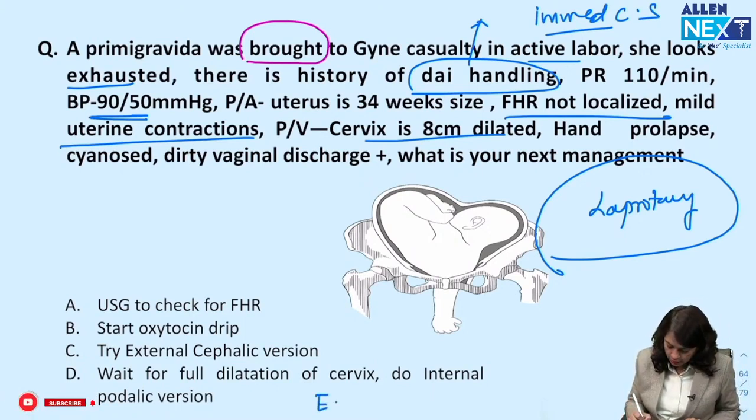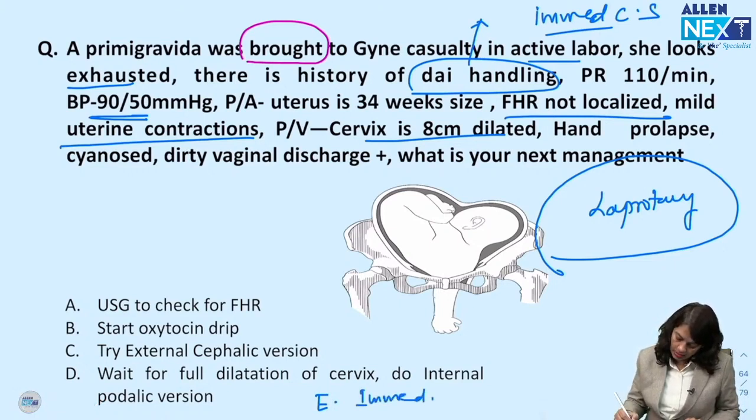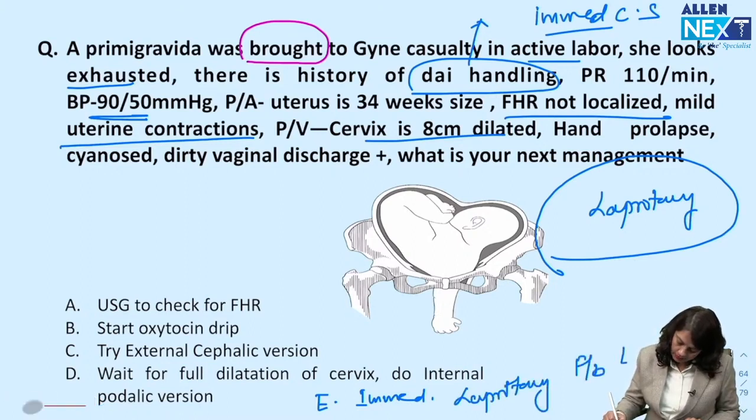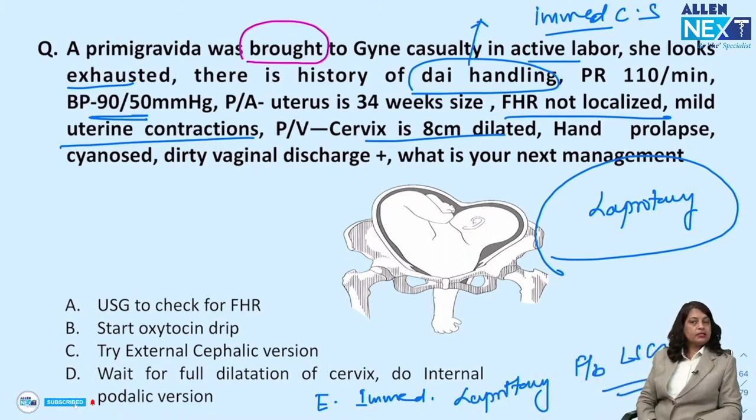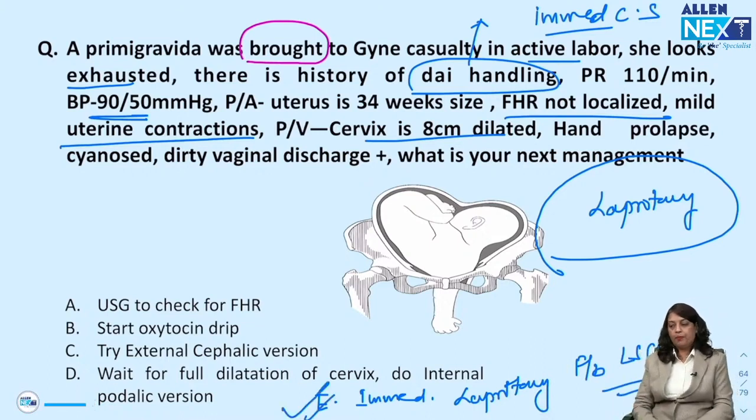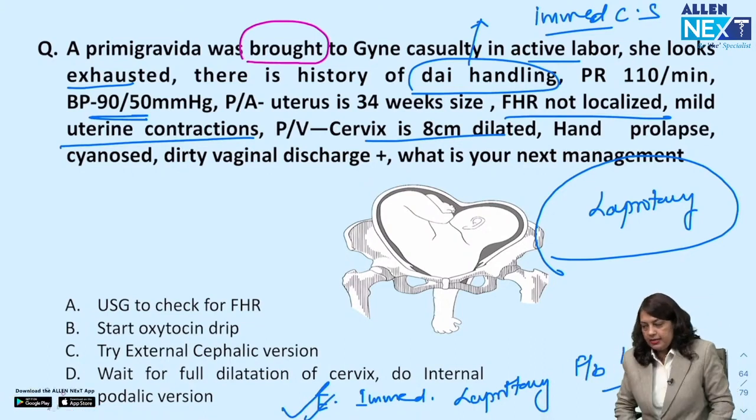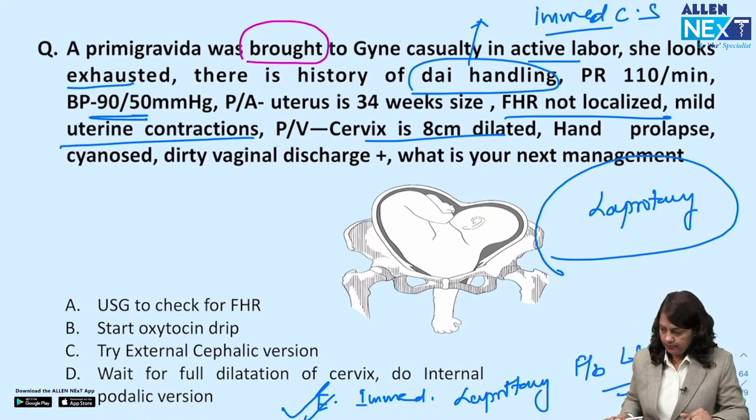I just forgot to mention one option, that is immediate laparotomy followed by cesarean section. So immediate laparotomy followed by cesarean section.